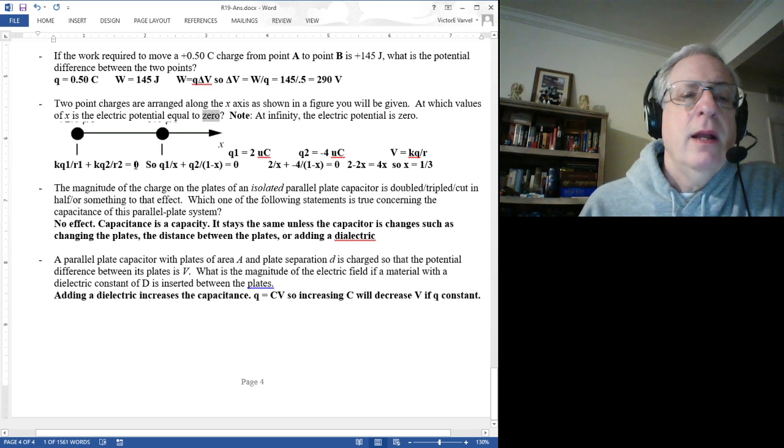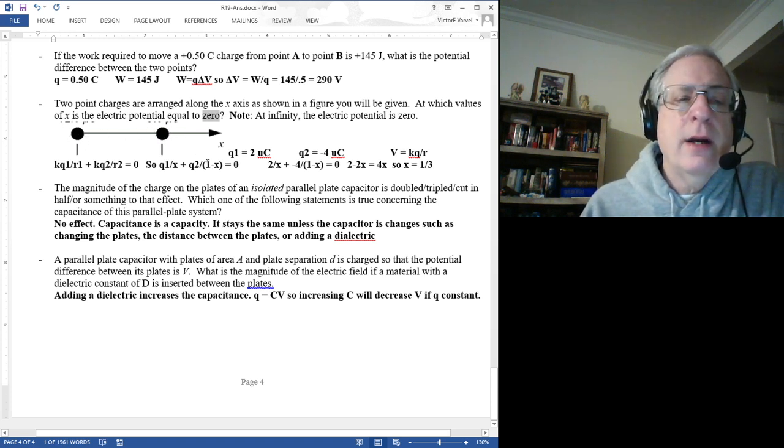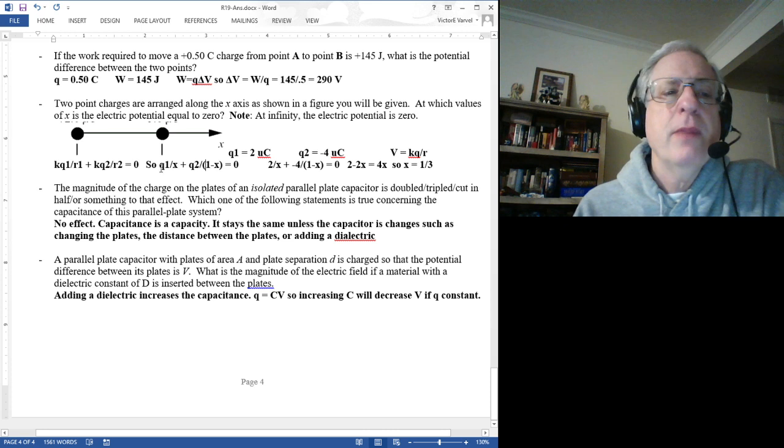All right. Now, if I pretend that the distance between these 2 points is 1, and if I change the distance between these 2 points, I would replace 1 with whatever that distance is.